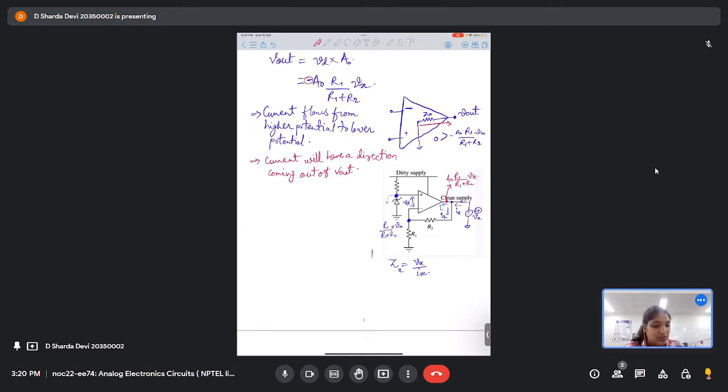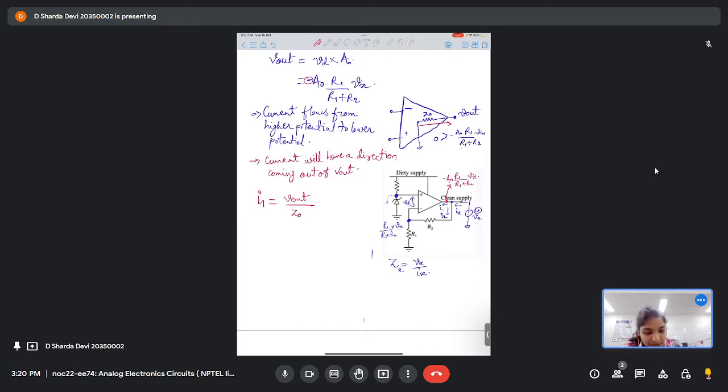Now, since we are taking the current direction to be inward, this negative sign can be neglected, and since it is a current, it will be V out by the output impedance Z0.